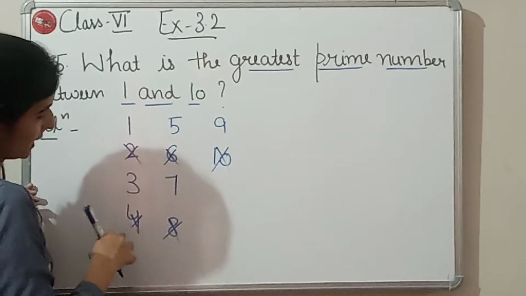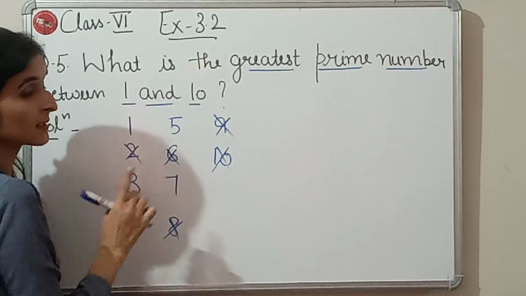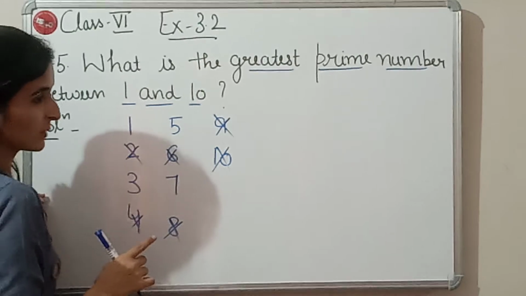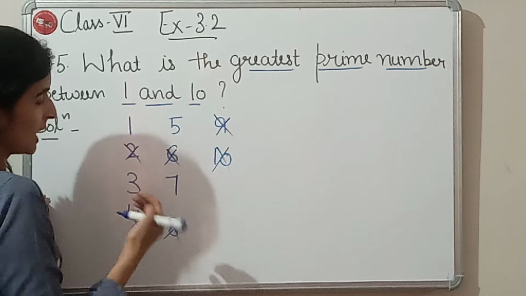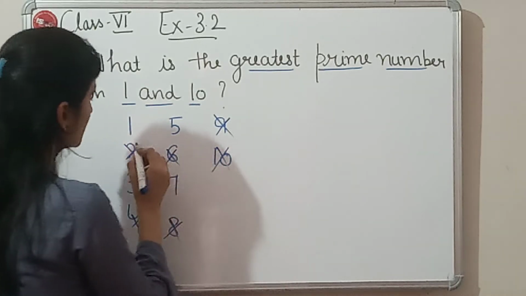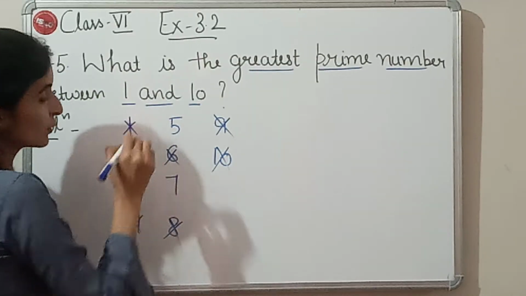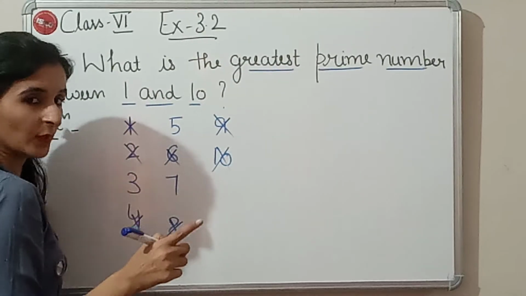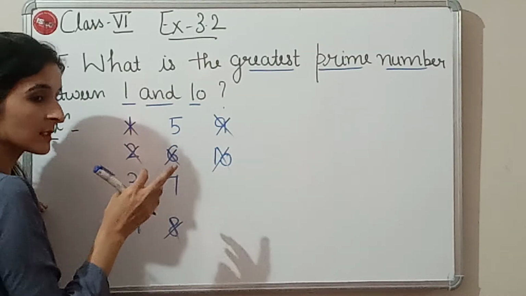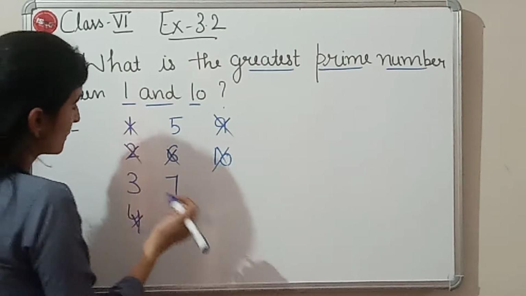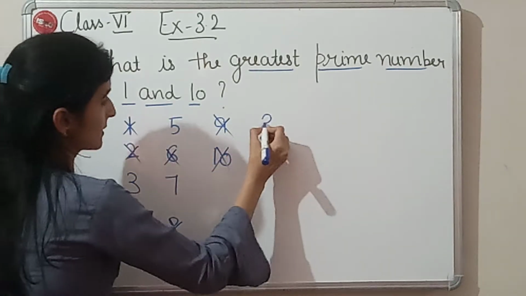Multiple of 3 here is 9. 3 is also a multiple of 3, but 3 is a prime number as it has only 2 factors, 1 and the number itself. After that we are left with 1, 3, 5 and 7. But 1 has only 1 factor, that is 1. So it is neither considered as a prime number nor as a composite number. So we are left with 3, 5 and 7.